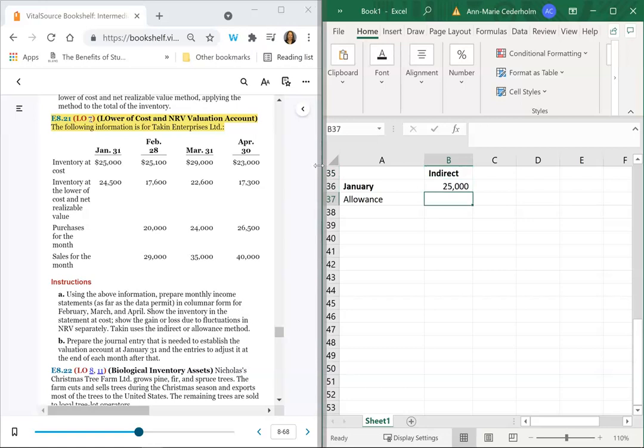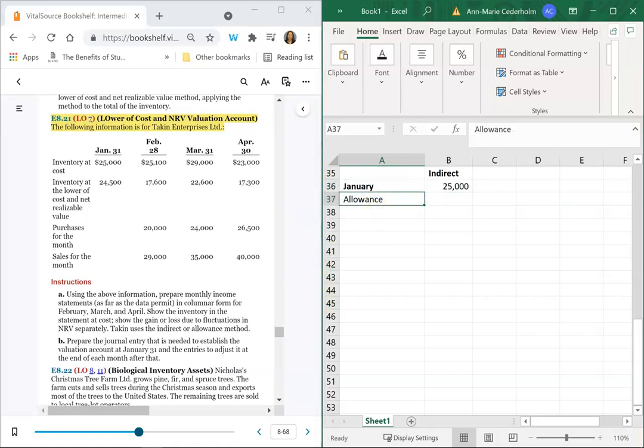So it's setting up our inventory account and then another T account for this allowance. And it's like a contra asset account. It's kind of like accounts receivable and allowance for doubtful accounts. And then I add those two accounts together, and whatever it is, I'll put it as inventory on my balance sheet.